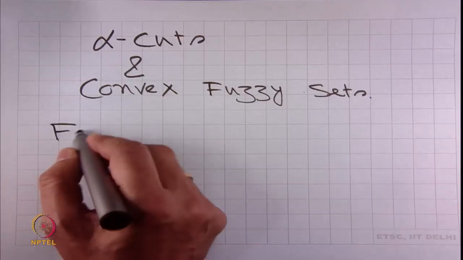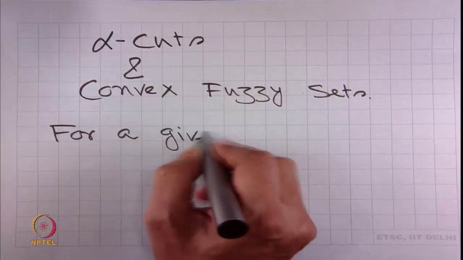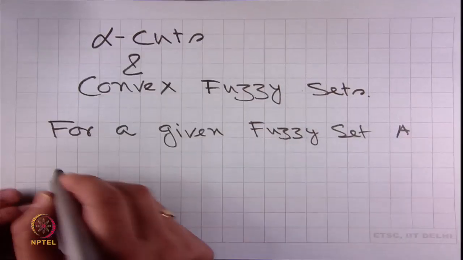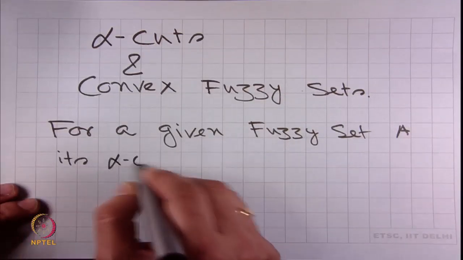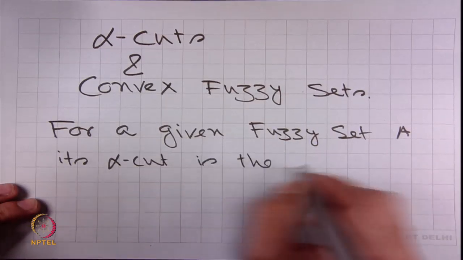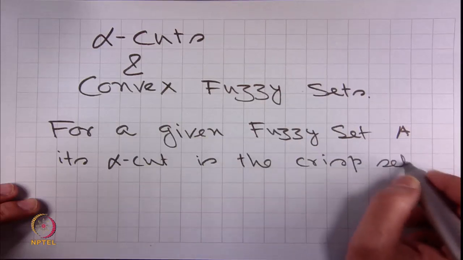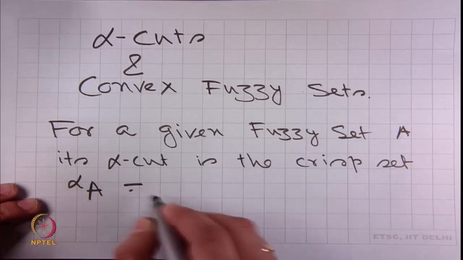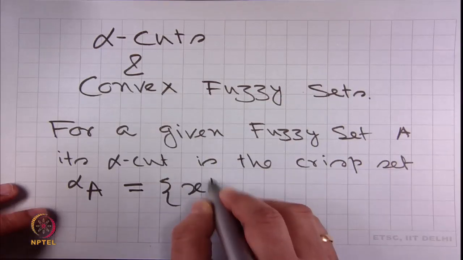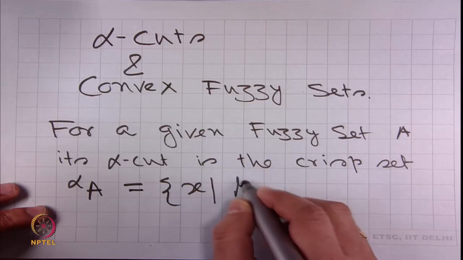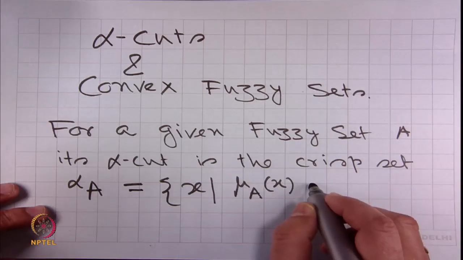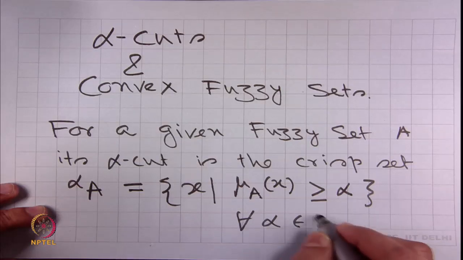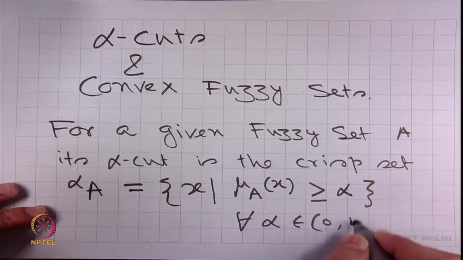For a given fuzzy set A, its alpha cut is the crisp set denoted as alpha A, which is the set of all the points x such that membership of x in A is greater than equal to alpha, for all alpha belonging to 0, 1.